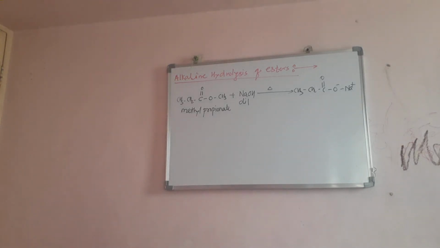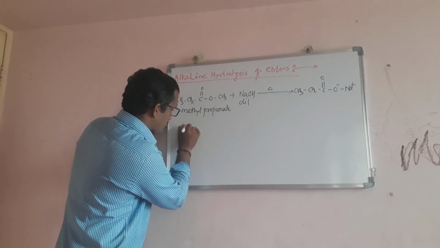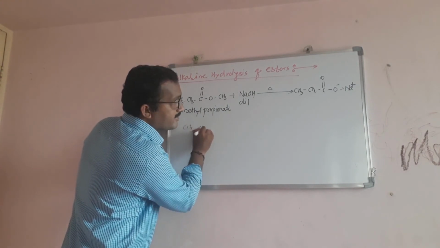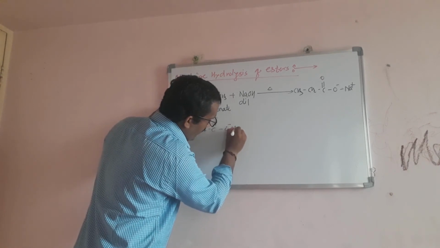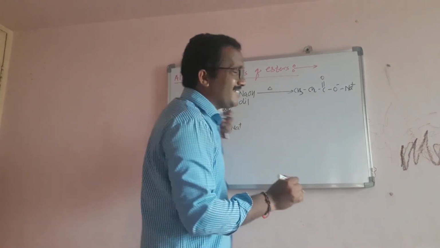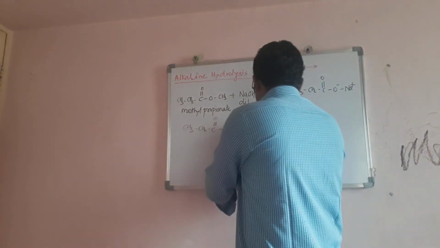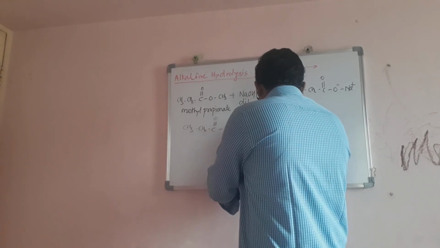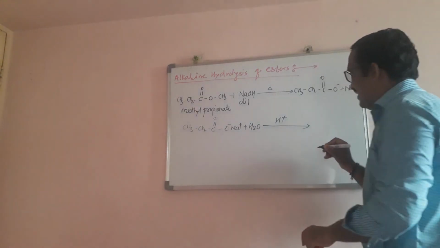This sodium salt, CH3CH2C double bond O O minus Na plus, undergoes hydrolysis in the presence of concentrated HCl.